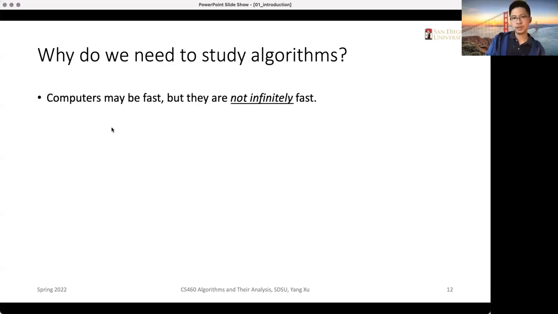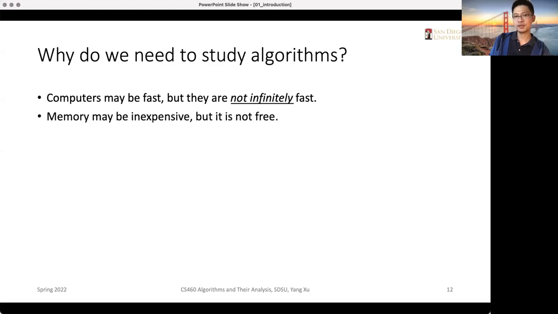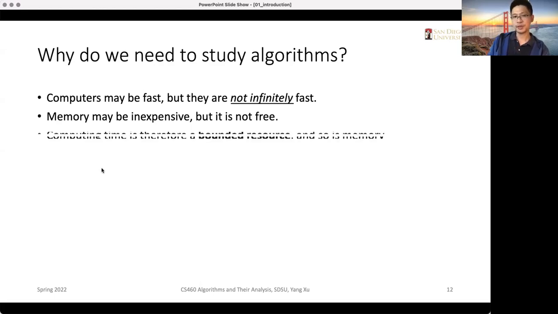So the reason for studying algorithms, in one sentence, is that we don't have an infinite amount of time or infinite computational resources. Okay, they may be fast, but we still have limited resources. Okay, and memory still costs you money, right?